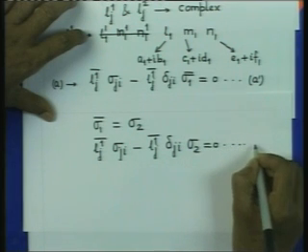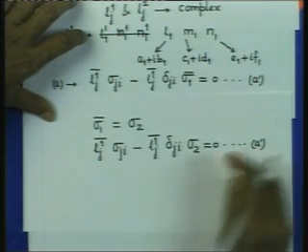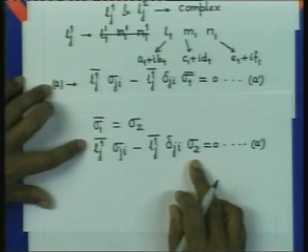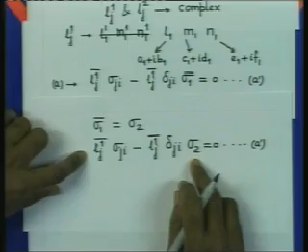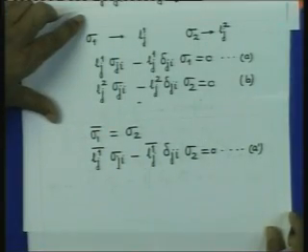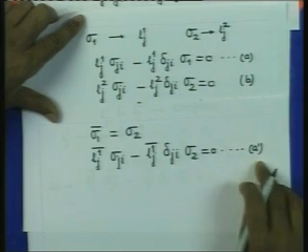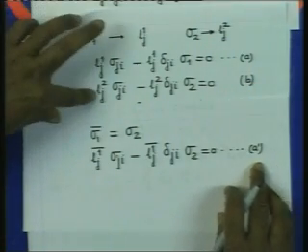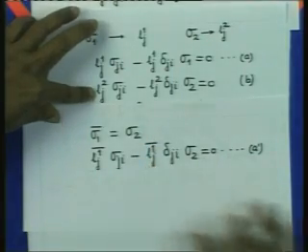Now, this is an equation which is involving sigma 2 here. So, if you compare these two equations, B and A dash, it is natural to expect that these two must be related.